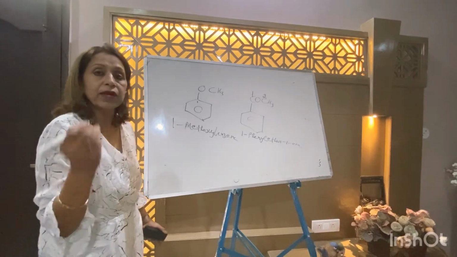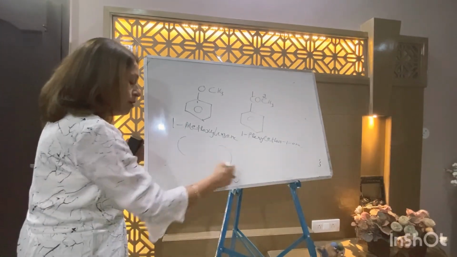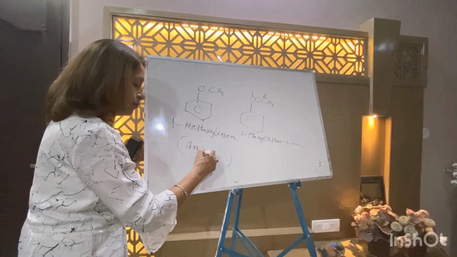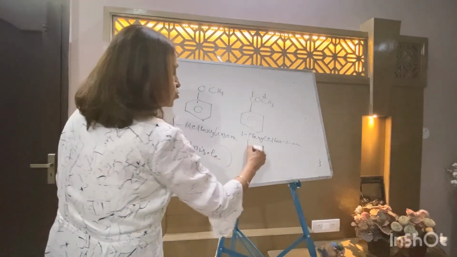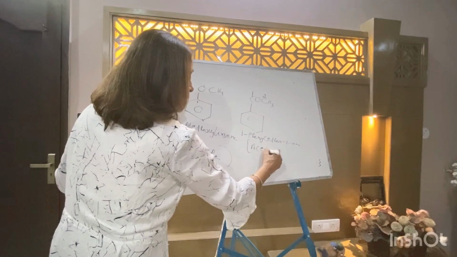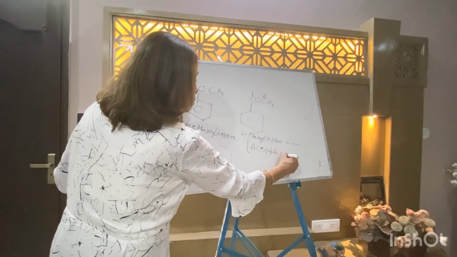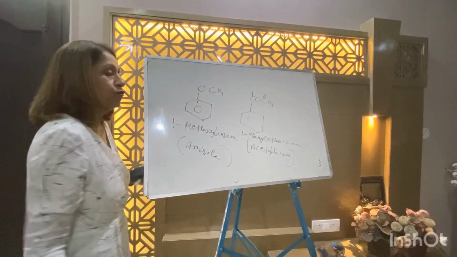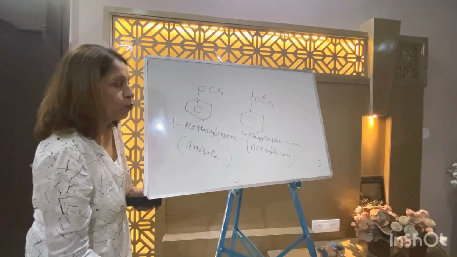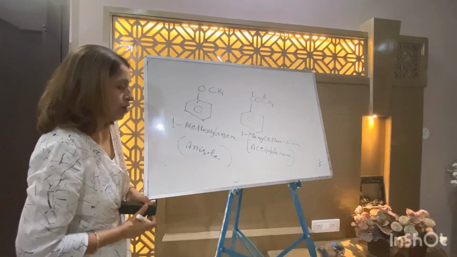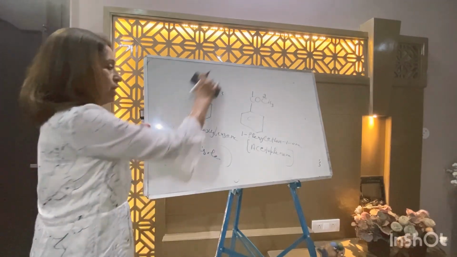Now very important, their common names. Its common name is anisole. And this one's common name is acetophenone. Common names are much more popular than their IUPAC names, in both cases. Acetophenone. So it's 1-phenyl ethane 1-one, and it is your 1-methoxy benzene, anisole.